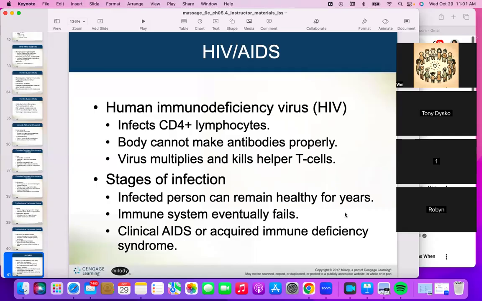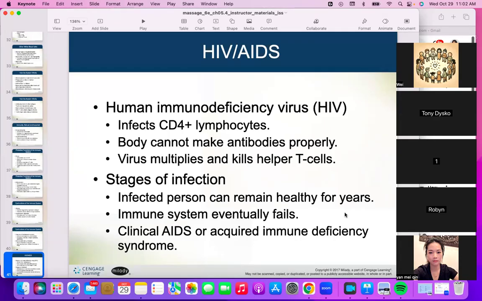Now, stages of the infection, so it's a chronic condition, and HIV can be treated, but can't be cured. But with medication, we can slow down the progression of it. Some stigmas about HIV is that if you touch somebody, you can get infected, and that's not true, okay? You have to get direct contact with the fluid of the person.